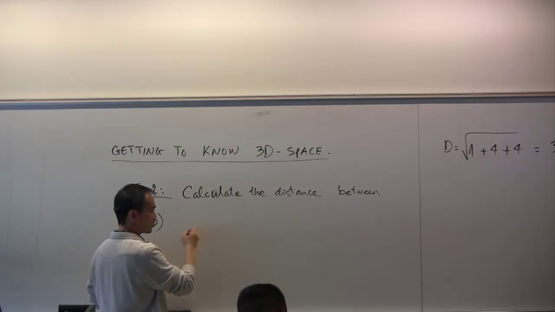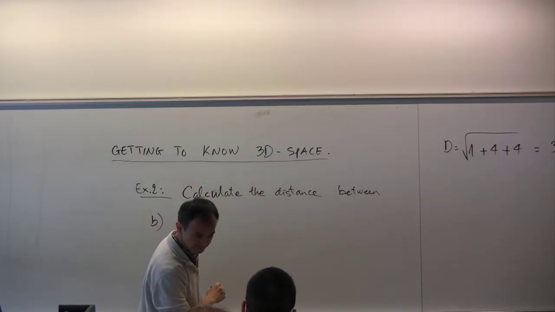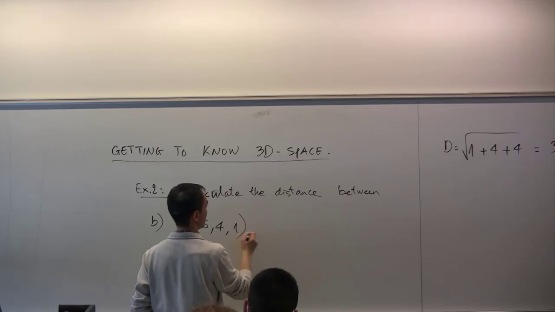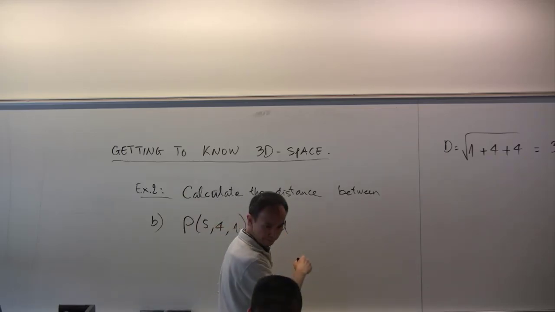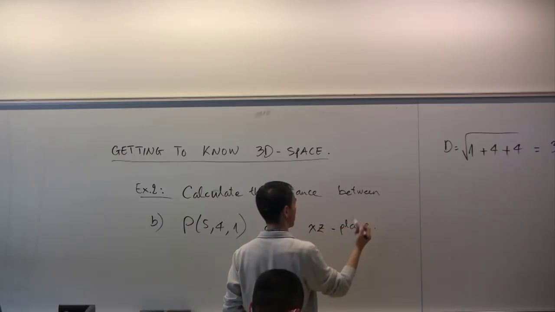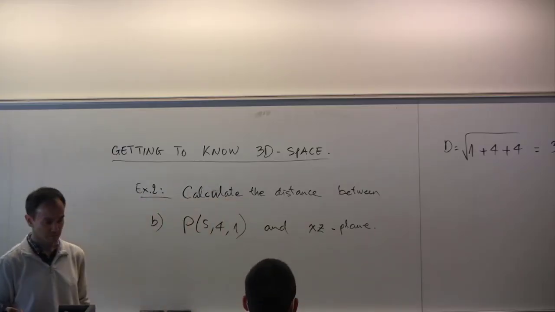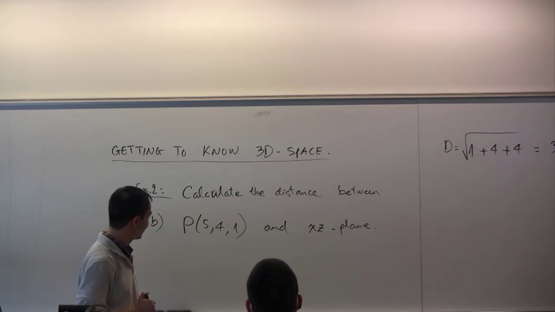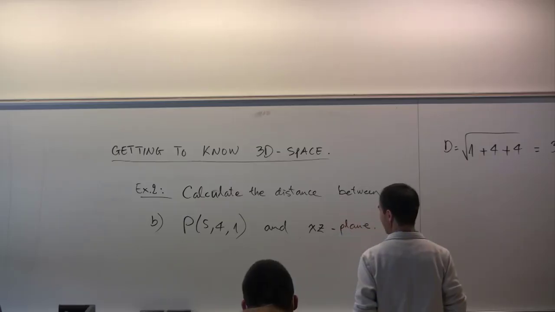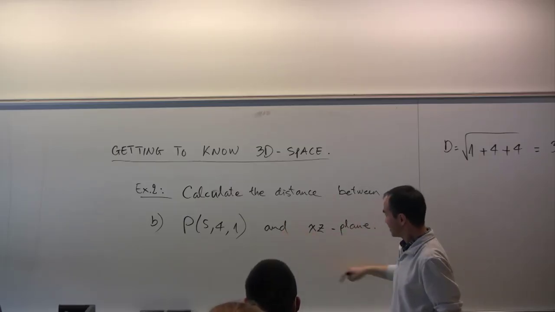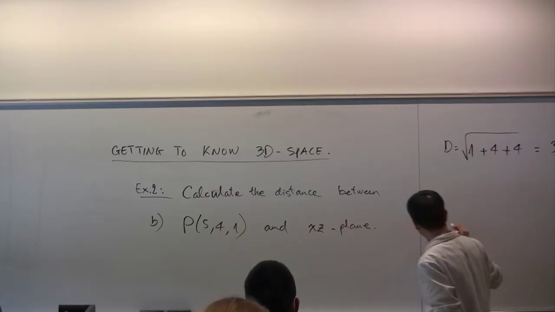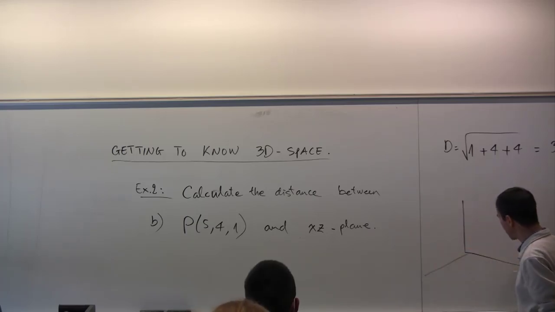So, to calculate the distance between a point and the xz plane, y equals 0. Think about it: when you're taking the distance, it's just a matter of understanding the structure.